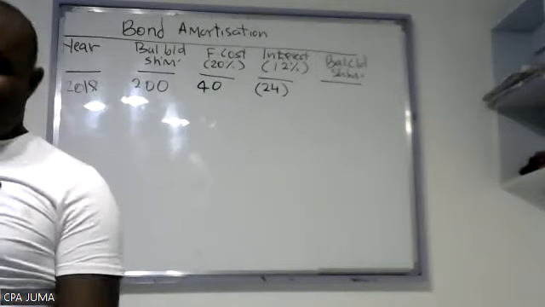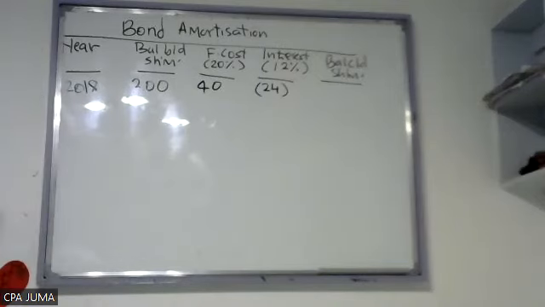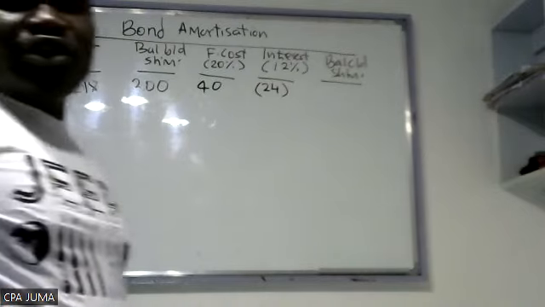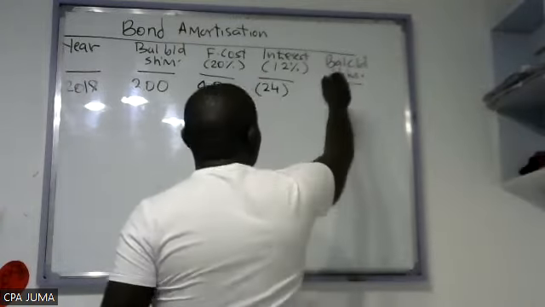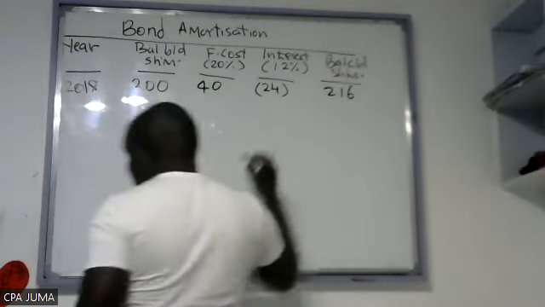How much is that? That one comes to how much? $216 million. 216.